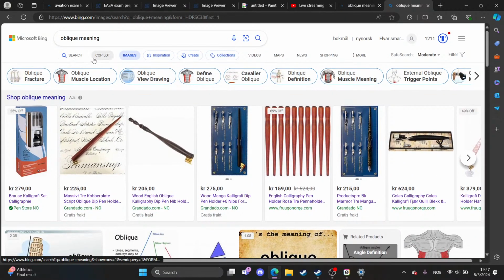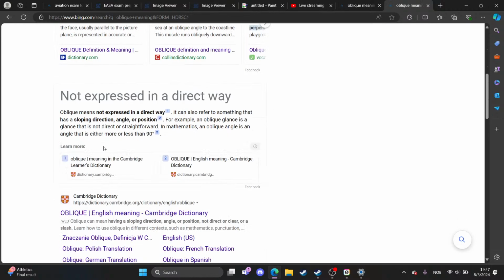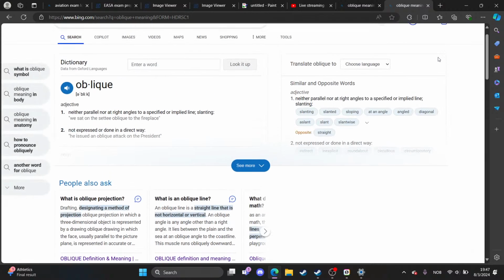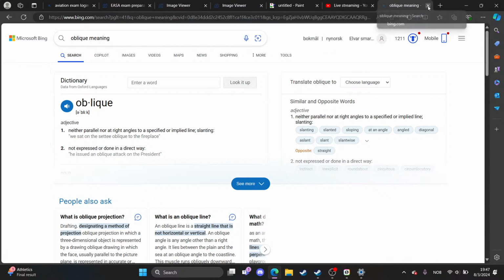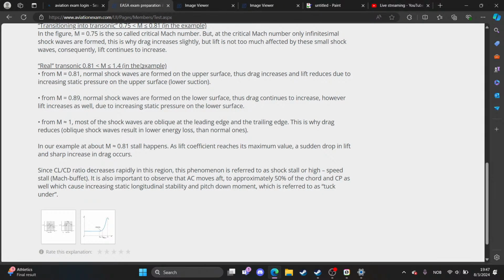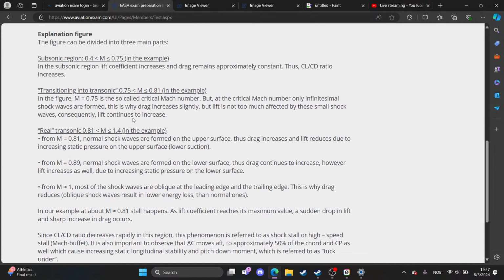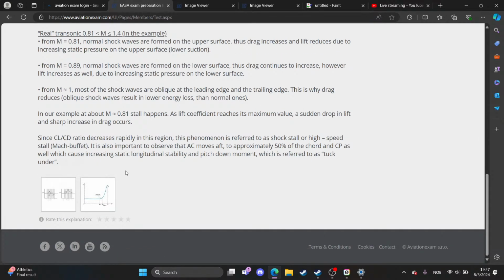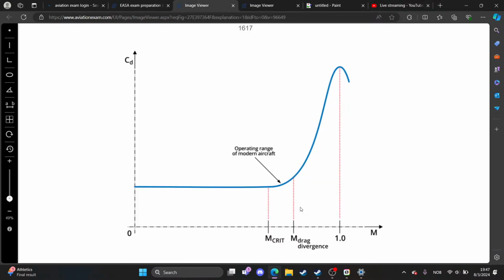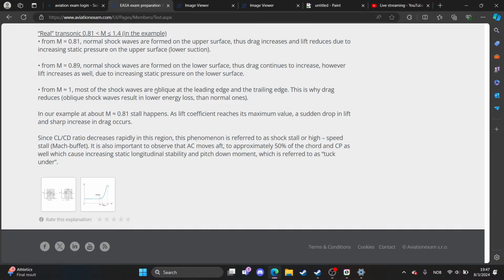Wow, that was not very helpful. Okay, I'm guessing kind of curvy. Okay, I really like this picture. It's a good picture.